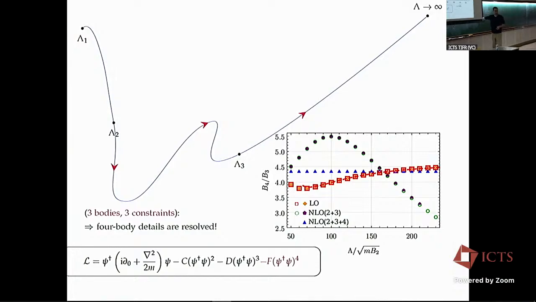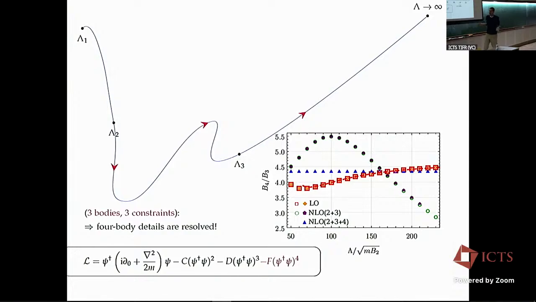If you do that and you go with those low energy constants renormalized to some higher momentum observable into the four-body system, your numerical algorithm produces a divergence, an unacceptably strong sensitivity to the regularization parameter.